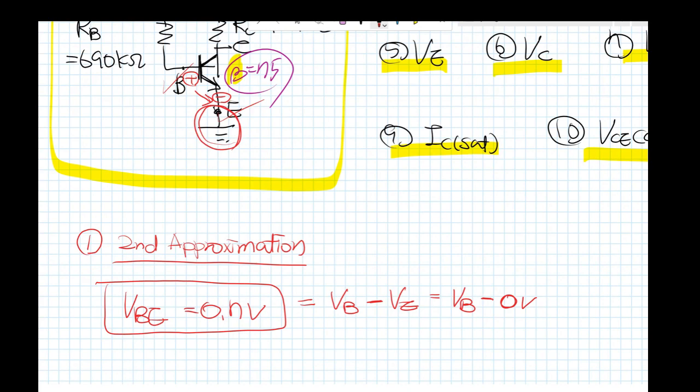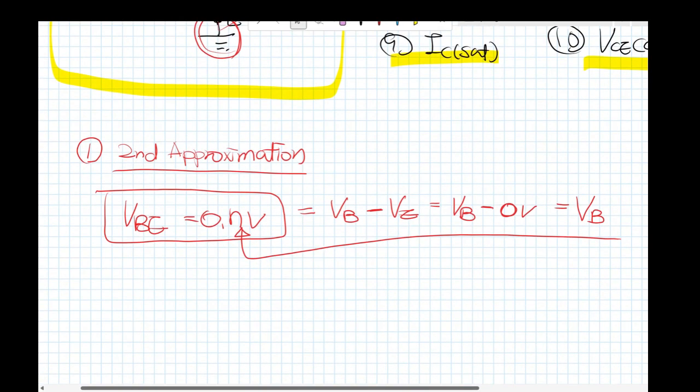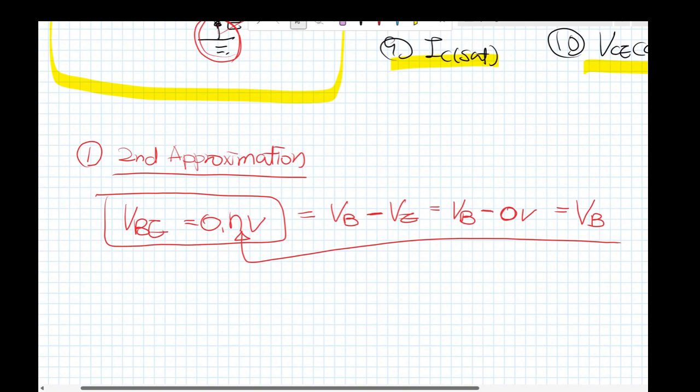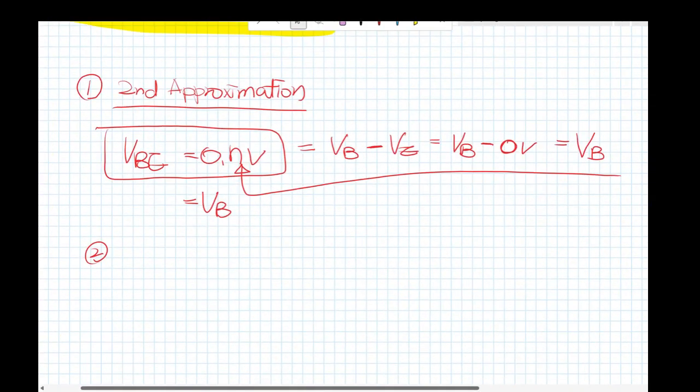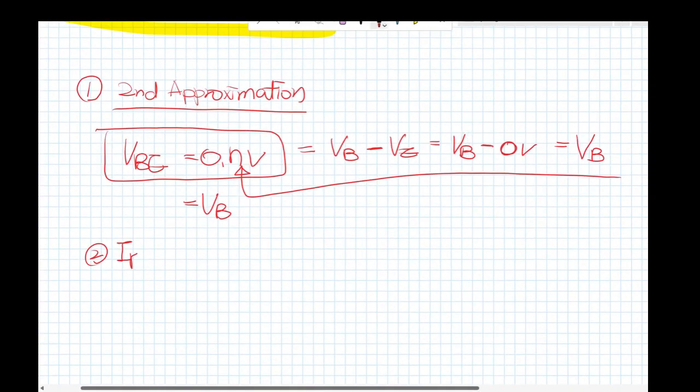So V sub B is 0.7 volt. That's the answer.